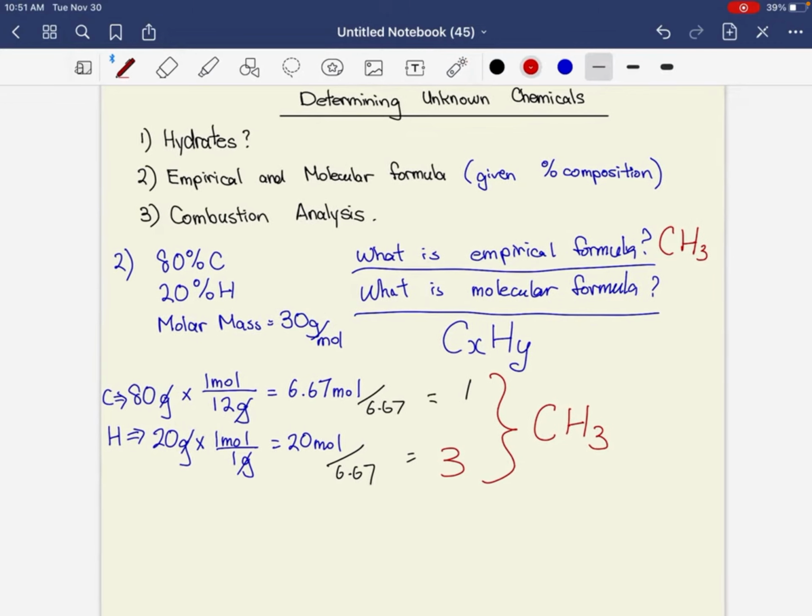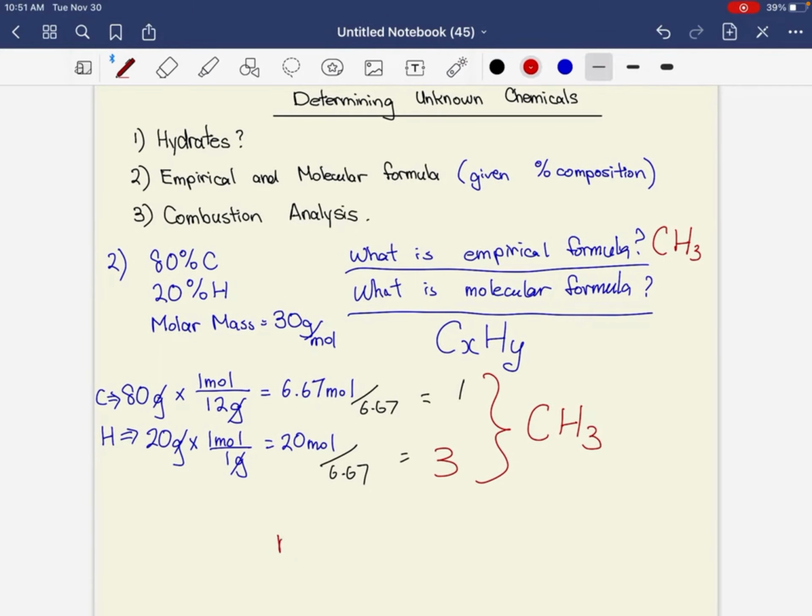All right, let's take a look at how to find molecular formula. So as I circled earlier, the 30 grams per mole of molar mass that you get from the mass spectrometer means something, because we need to find something called the N value. Now, the formula of this is molar mass divided by empirical mass. Now, what is the empirical mass?